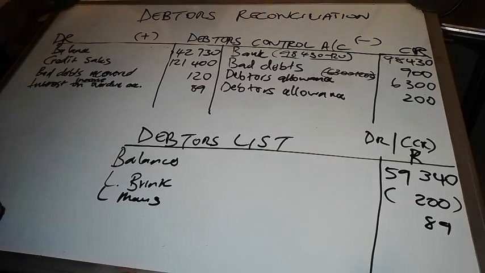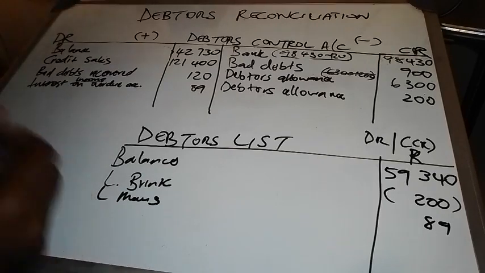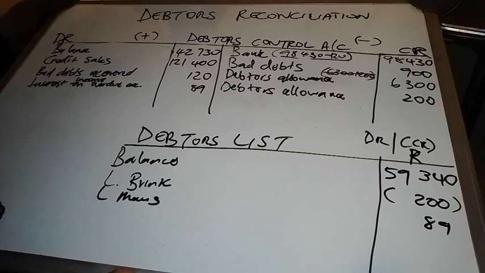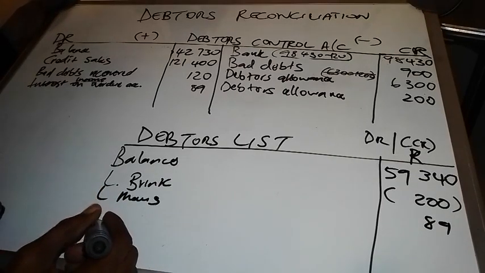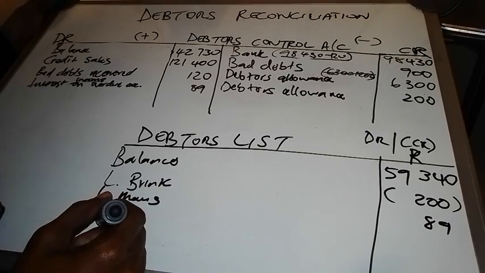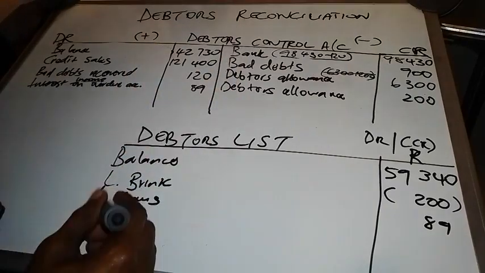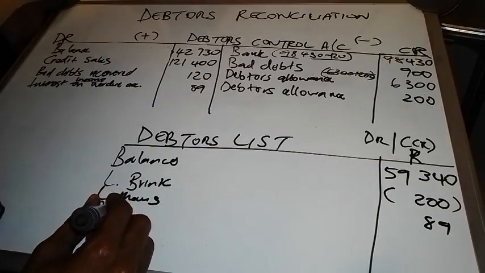Now, the last item says an entry in respect of sales returns of 360 was incorrectly entered in the debtors allowances journal but was posted to the debit side of debtor A Klein's account, right? Now we write the name of the debtor. This one affects, it was recorded correctly in the ledger, but in the debtors list was recorded incorrectly.